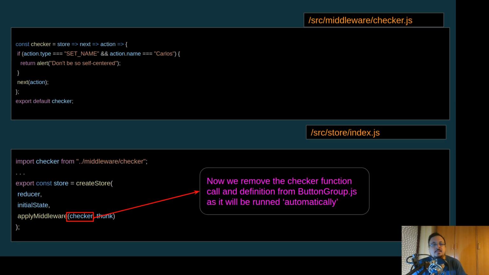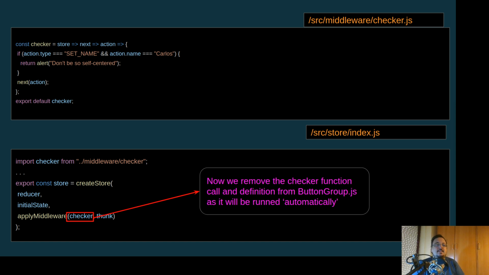So that's the code that we would be creating. We have a store folder, a reducer folder, an actions folder. We also create a middleware folder, that you saw in class also, that has the checker function, and we just add the usual code inside of it.